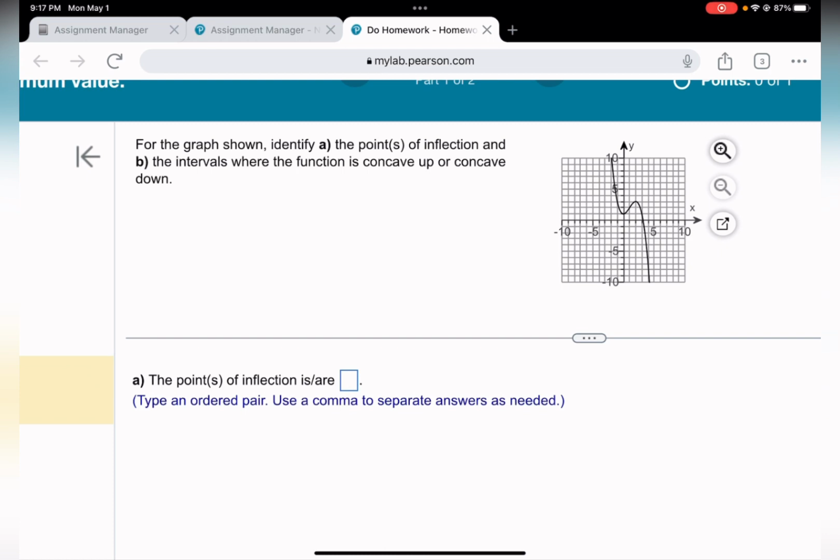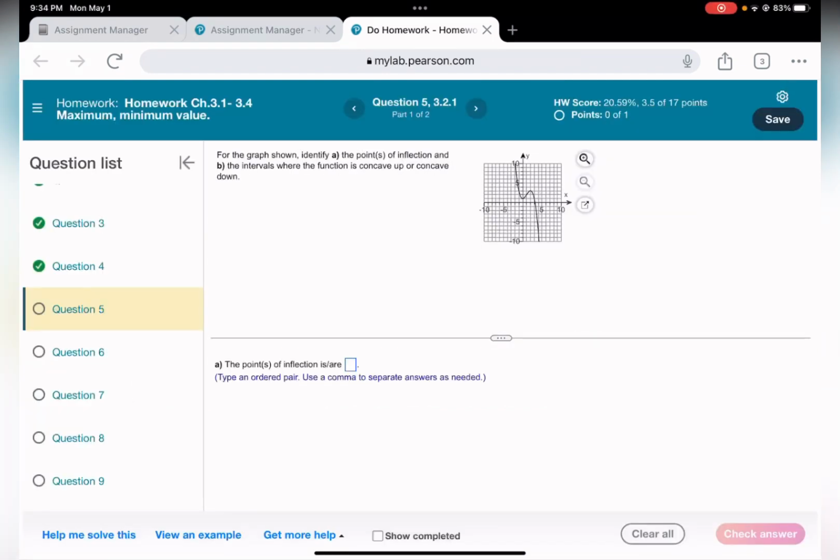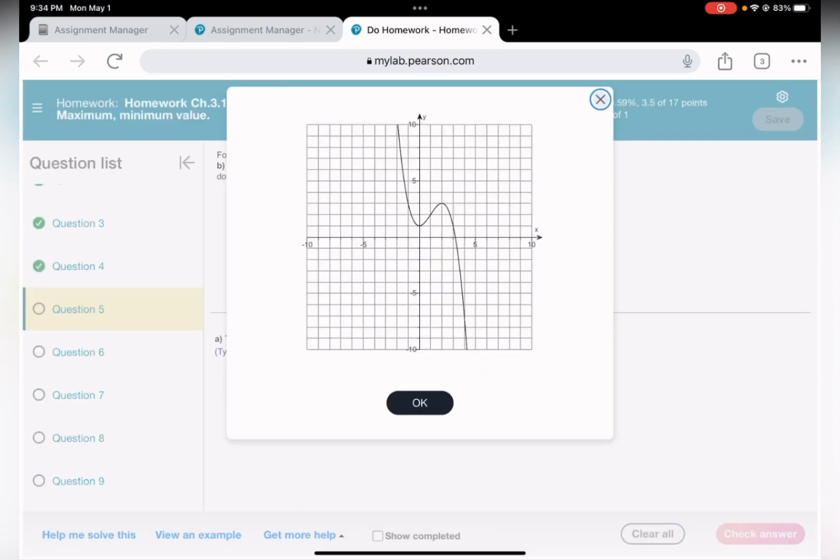We need to find which points are representing inflection, and the intervals where the function is concave up or concave down. Okay, so points of inflection occur, let me zoom this so we can see, where the concavity changes, and it identifies where the function might be concave up or concave down.